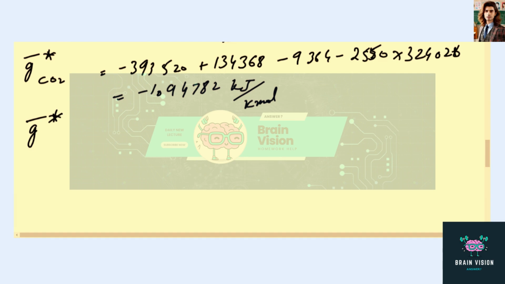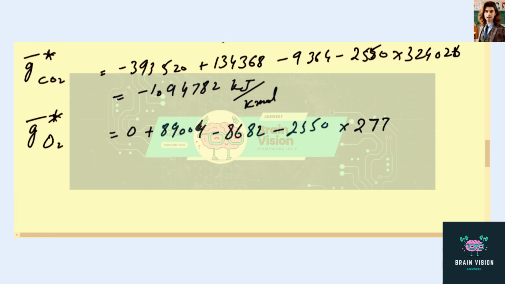Then we've got G bar asterisk for O2, that is 0 plus 89,004 minus 8682 minus 2550 multiplied by 277.979, which is equal to minus 628,524 kilojoules per kilomole.